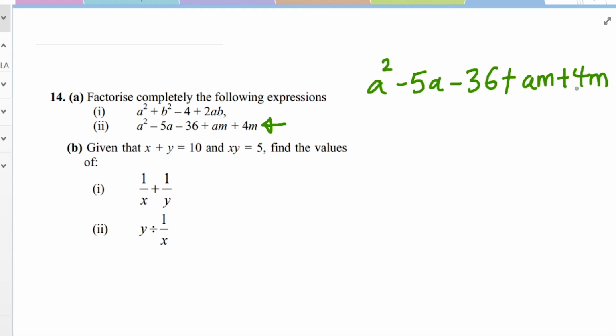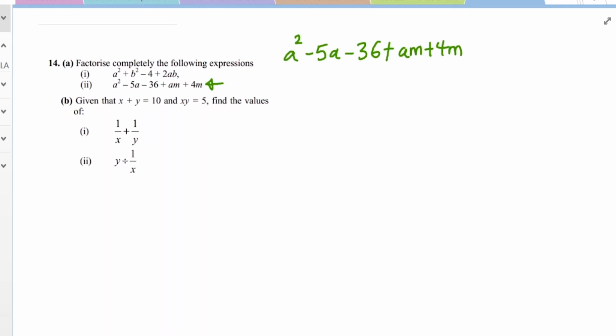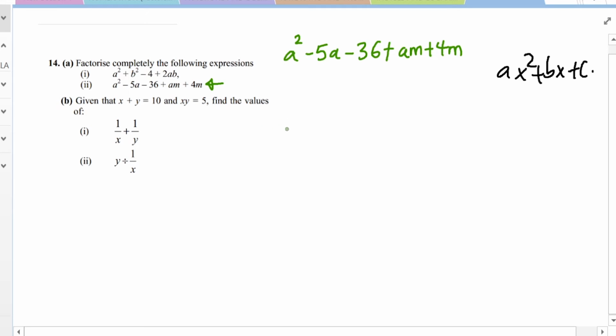Of course, to use this approach, I'm going to rearrange this so that it's in the form of ax squared plus bx plus c. So let's go. This is going to become a squared minus 5a plus am plus 4m minus 36.